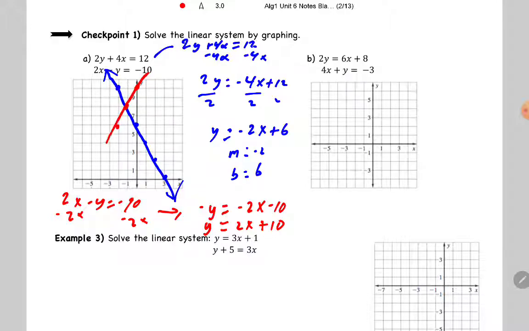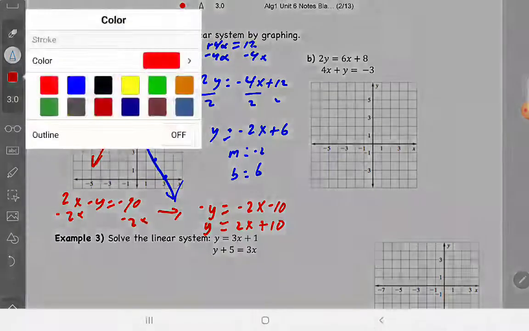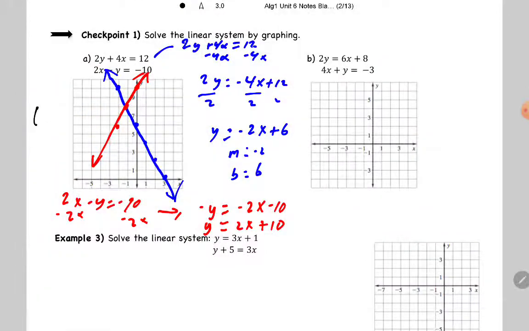And we can already see where it intersects, which is at negative 1, comma 8. And that's our answer. That's where it intersects. That is the solution to the linear system. Okay, let's do another one.